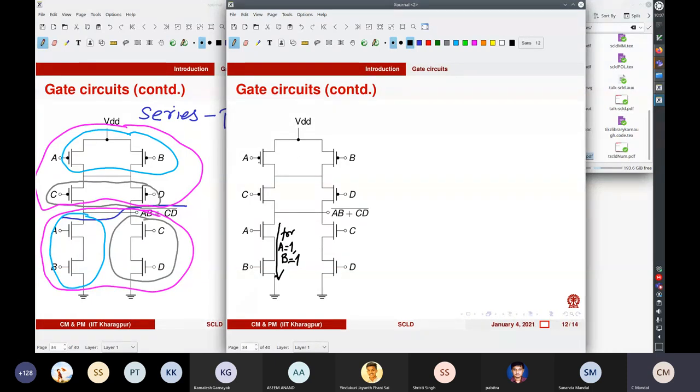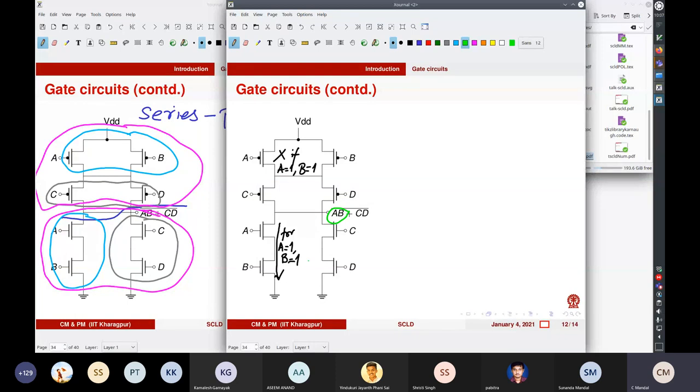So you can see that if A and B are high, this is, you can say, cutoff. If A equal to 1 and B equal to 1. So that justifies this part.